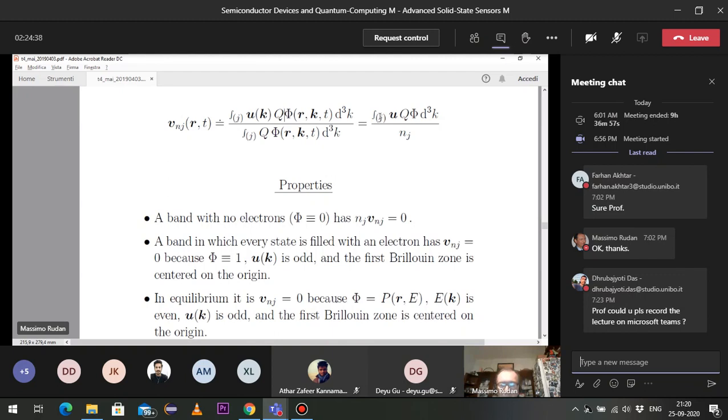Okay? So we have found two situations in which the product concentration times velocity is 0. The first situation is when the band is empty. The second situation is when the band is completely filled, okay? But you can immediately observe that the product of the concentration times the average velocity is the flux, okay?